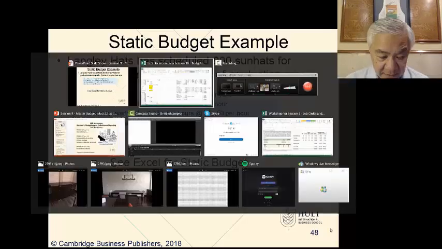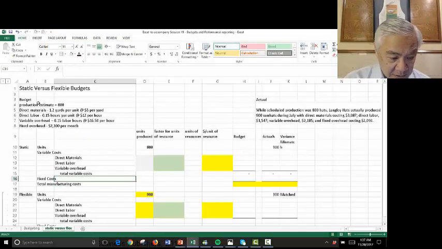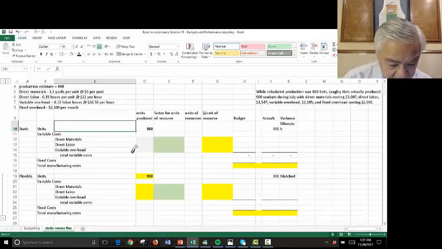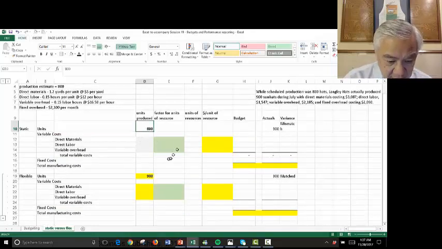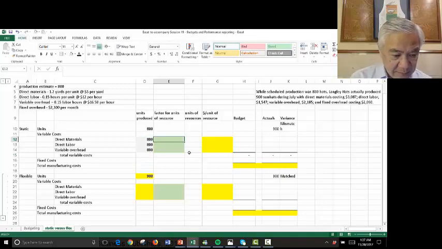So let's do that. Back in Excel, go to the Static versus Flex tab. Here I just carried forward the information summarized in Excel, and we're going to start with creating a budget. So 800 units, and the direct material is for 800. The factor for units in material would be 1.2 yards. Labor would be 0.15 hours, and for variable overhead 0.15 hours as well.